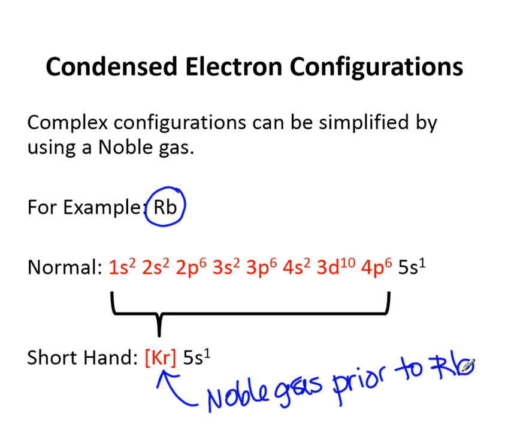Everything up to that point is completely filled. If you remember, noble gases are stable and full and happy. So all of those orbitals and their electrons are completely filled and stable. So instead of writing them all out, which is what you see here in red, we just put square brackets around that noble gas and say, hey, I've got all of these orbitals. They're full and stable.